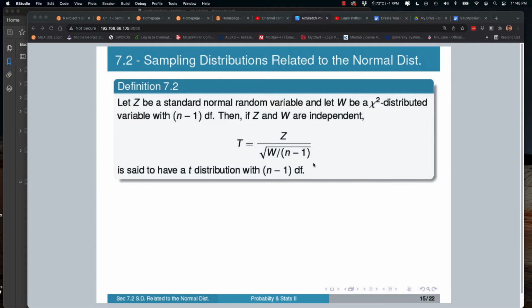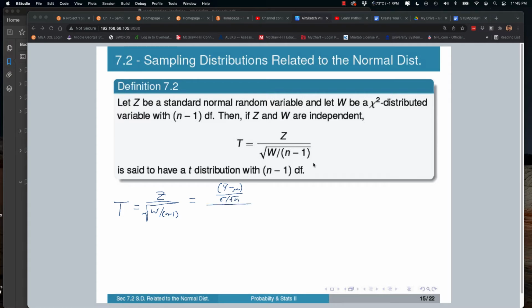It usually looks a lot like the normal distribution's standardization formula for z. So if we do a little work and replacement here, t equals that z over the square root of w divided by n-1, right? In the top, we know z is equal to y bar minus mu over sigma divided by the square root of n.